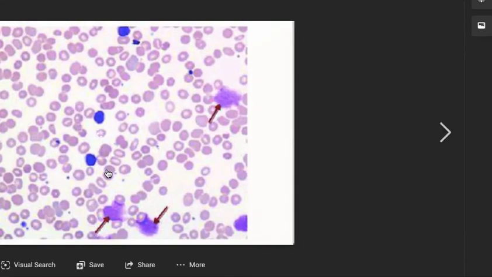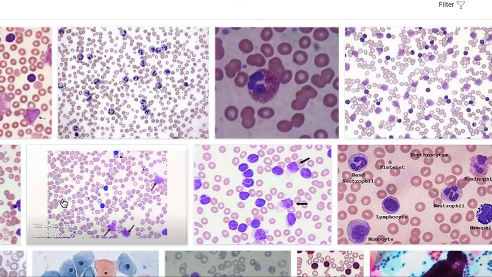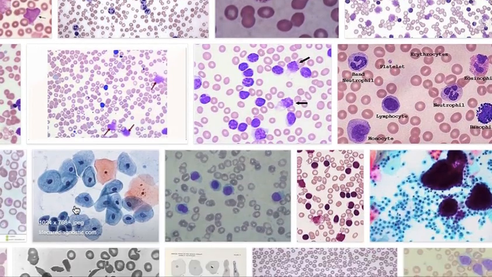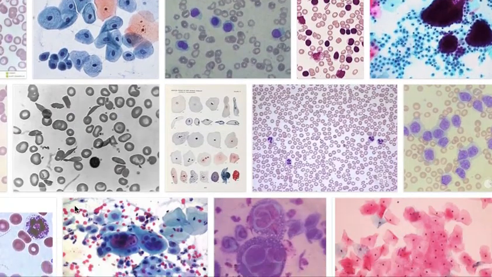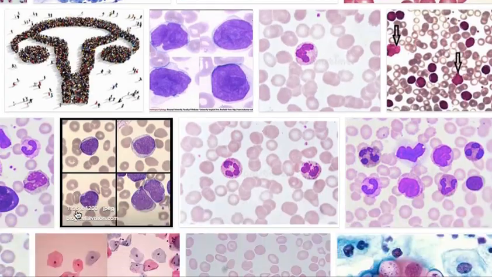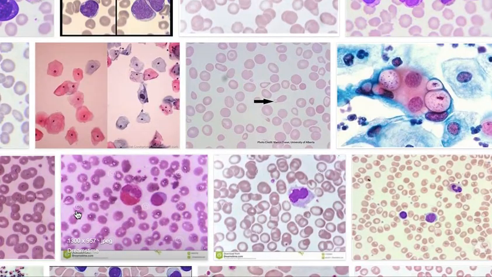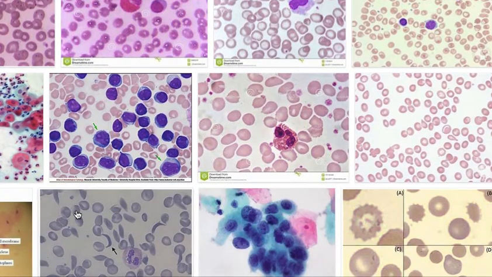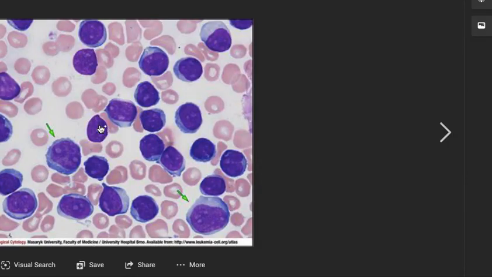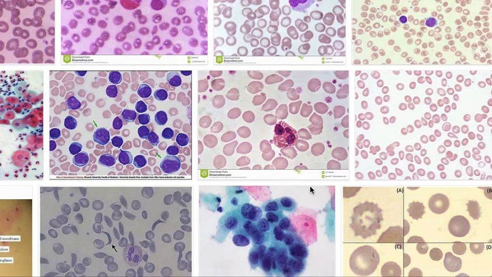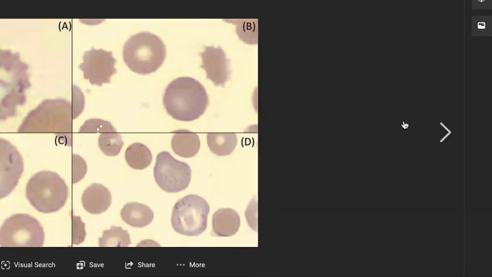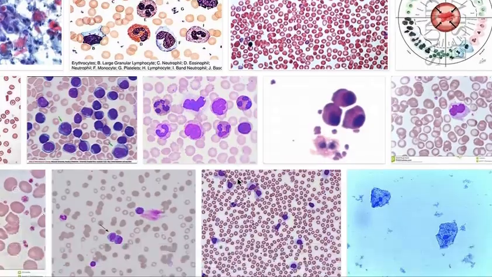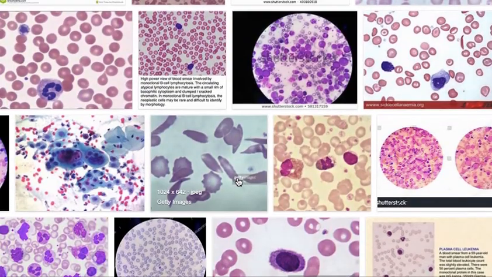I'm not finding a good diagram for that one, maybe you can google and find a good one. Smear cells are basically found in CLL, or chronic lymphocytic leukemia, right? Of course, I couldn't find a better diagram for that.